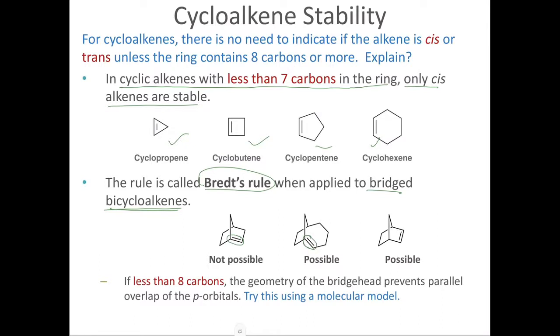Otherwise, if you have like 6 members, then it's possible to have a carbon double bond on positions other than a bridgehead. If you want to verify this, I encourage you to use the molecular model to develop the structures and see how possible or how impossible it is to form these compounds.